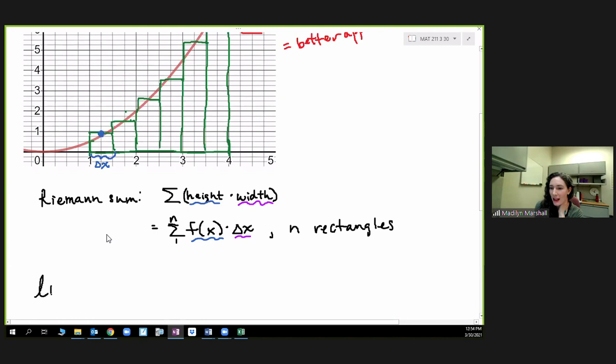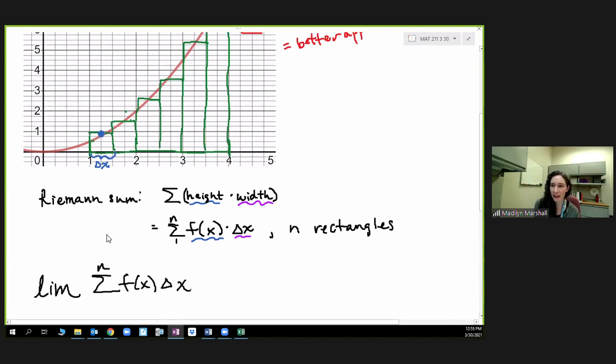And so our calculus comes in with the limit because we know that we're going to get the best approximation when we have more rectangles.